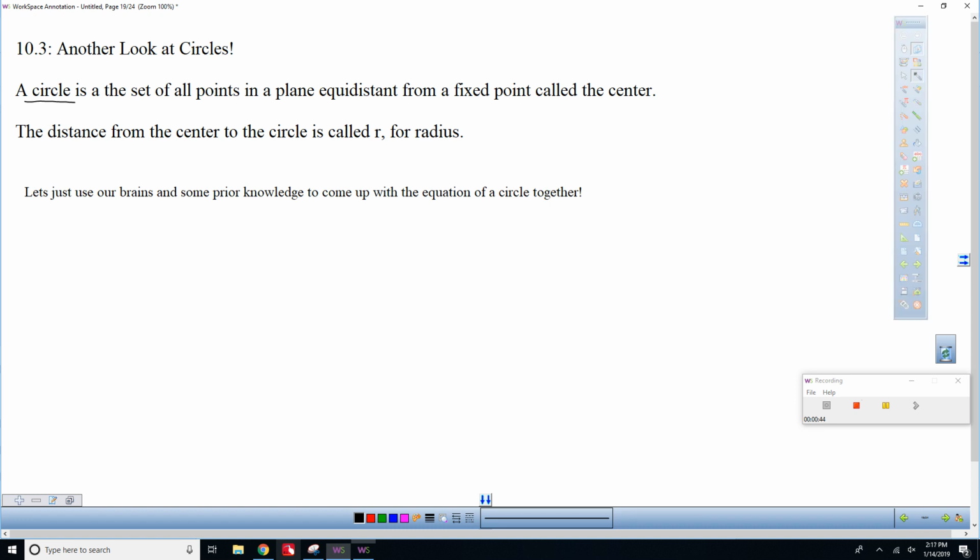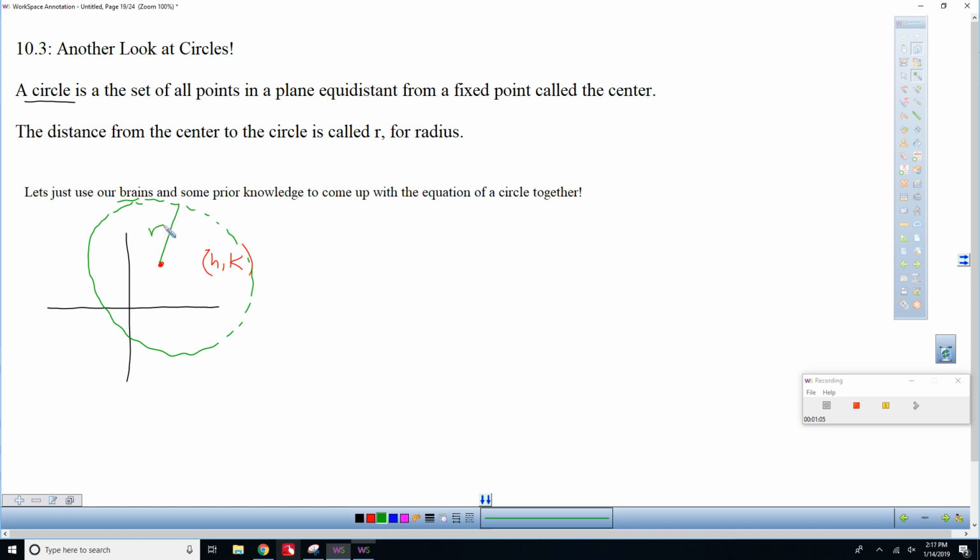Let's see if we can come up with an equation. So let's say we have a circle, and let's say that it's centered at h, comma, k. We're going to use those a lot. And let's say this is our circle here. All these points are r units away from the center.